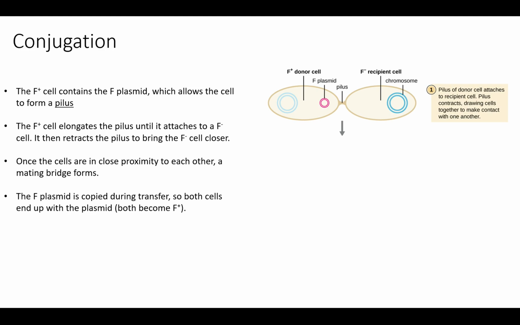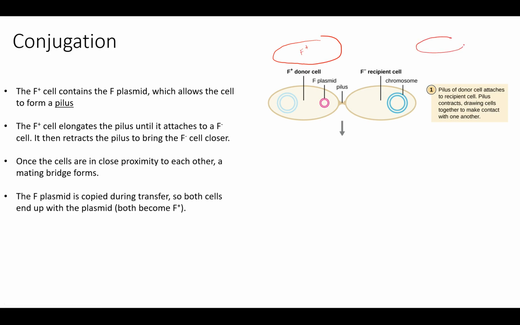All right, so while I like this picture, it does kind of miss the integral first step, and that is that our F plus cell, and I'm not going to draw everything with the F plus cell. But what I do want to point out is that the F plus cell is the one that initiates this process.